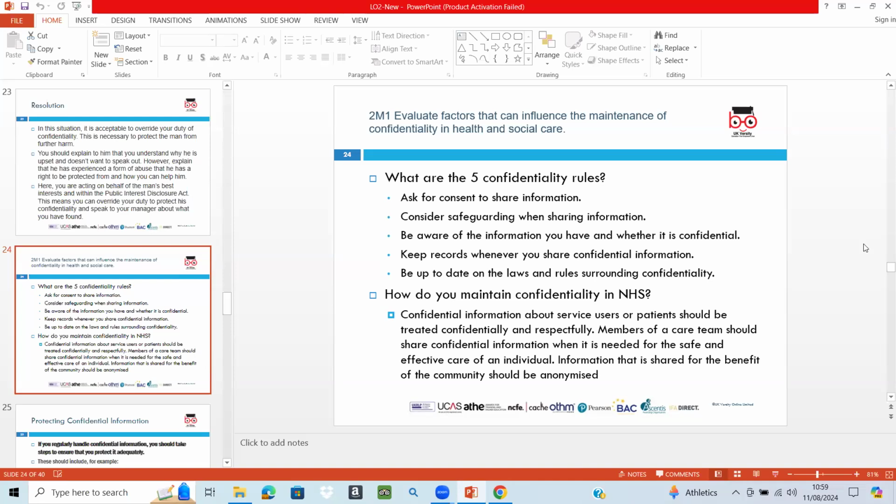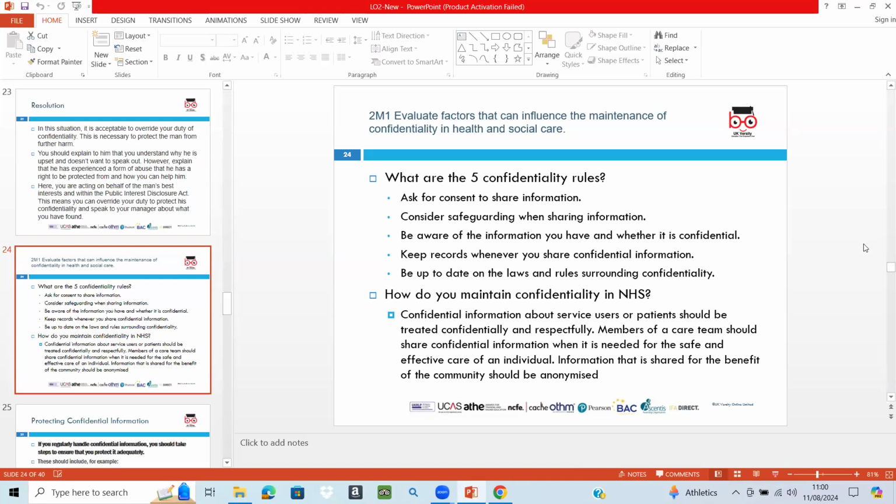As an example, understanding the Data Protection Act 2018 or GDPR requirements ensures that service user data is handled correctly, protecting both the service user's privacy and the provider from legal repercussions.